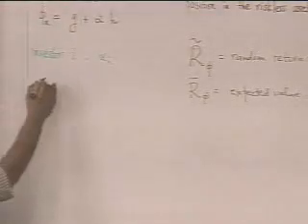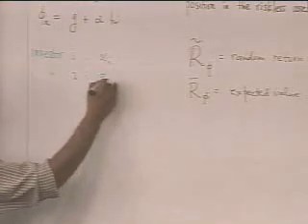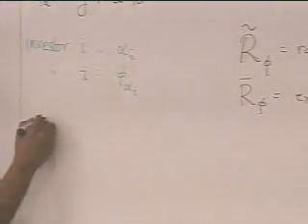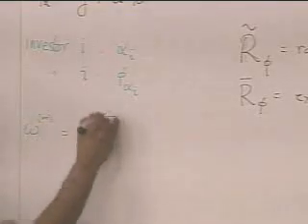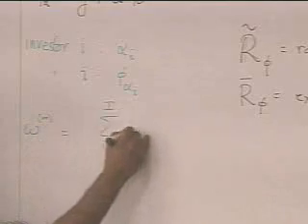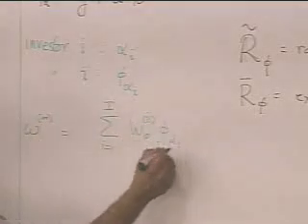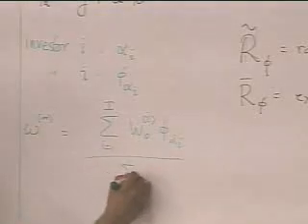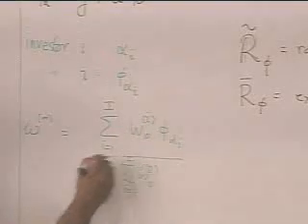So therefore investor I holds phi of alpha I. And therefore the market portfolio W of M is basically the summation of I going from 1 to capital I of the initial wealth of the ith investor times phi of alpha I, divided by the sum of all the wealths over all investors. That's what the market portfolio is.